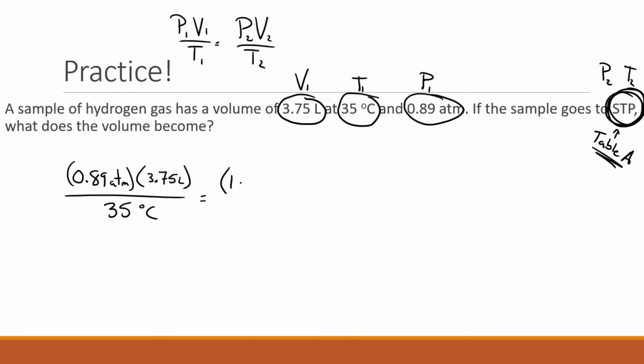So that's 1 atmosphere and 0 degrees Celsius, and we're solving for V2, and we're feeling really confident, and then we go to try to solve. And we run into a problem. And that problem is this 0. Can't divide by 0. When we multiply this out, we're going to end up with 0. Right? V2 equals 0 liters.